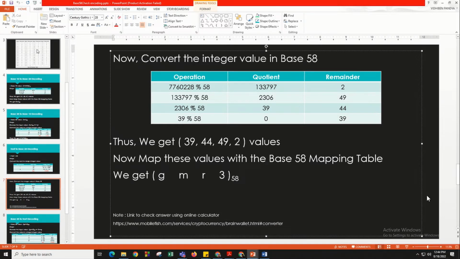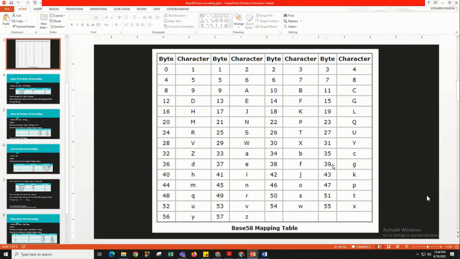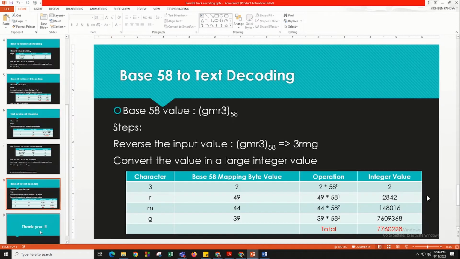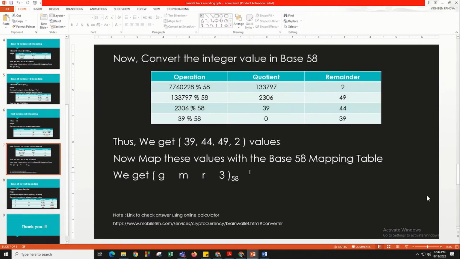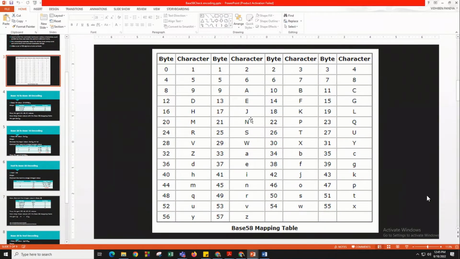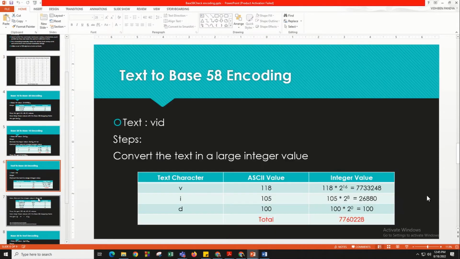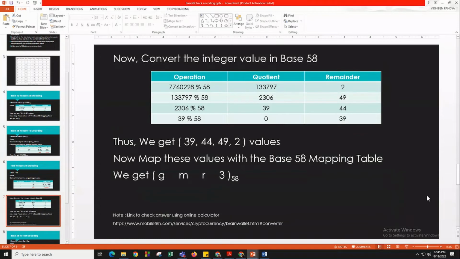So 39 is G, 44 is M, 49 is R, and 2 is, sorry, 3. So this is how we can calculate the encoding from text to base 58.